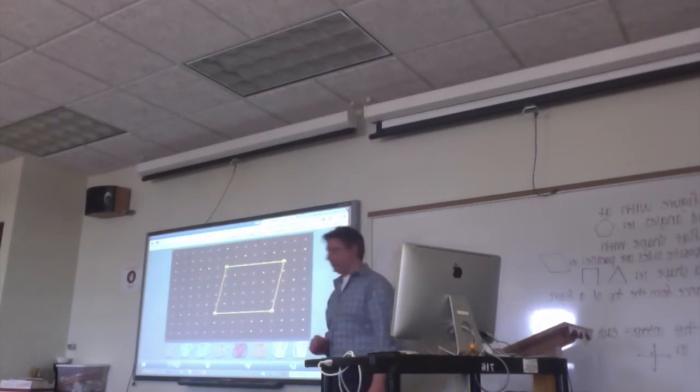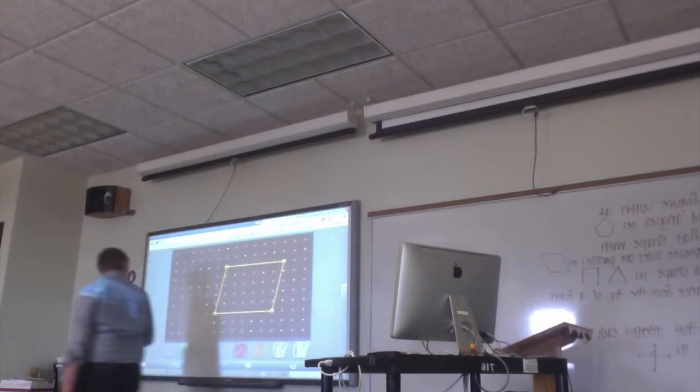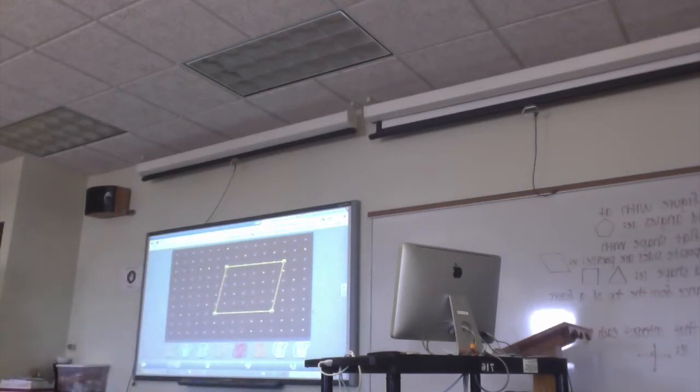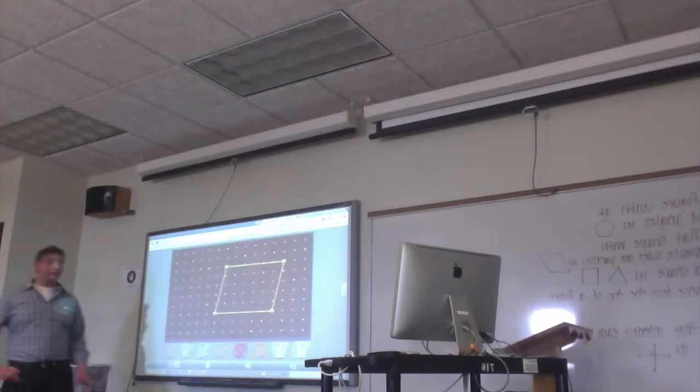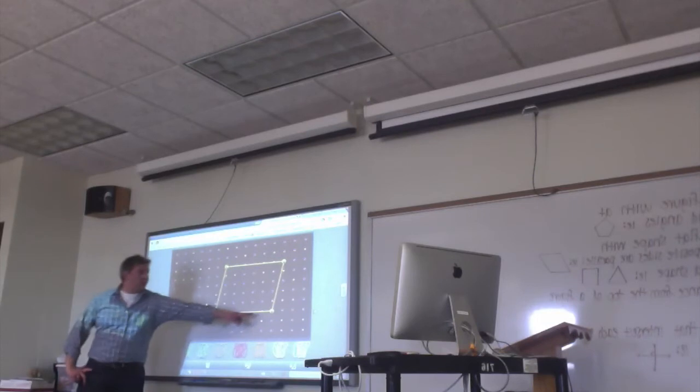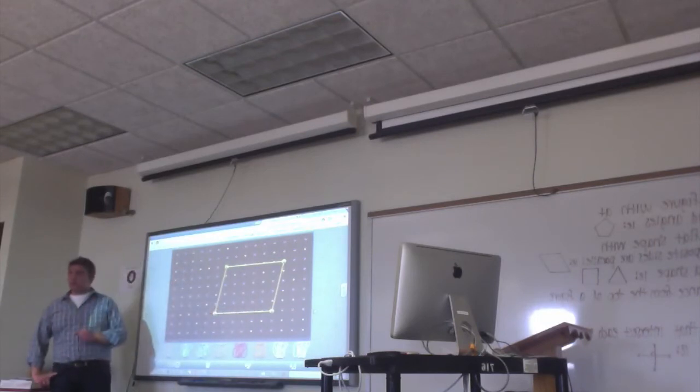All right, why don't you take a look at this one here and see if we can figure out what the area of that parallelogram is. Anybody figured it out yet? First, let's look at it. Can somebody tell me the length of the base? 6.